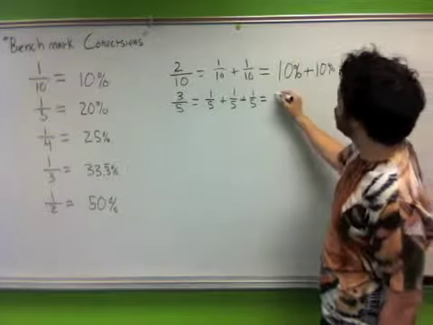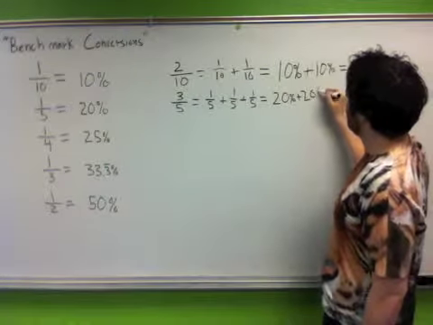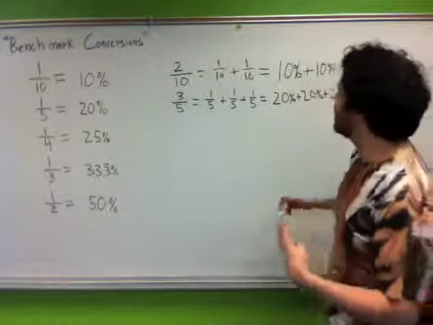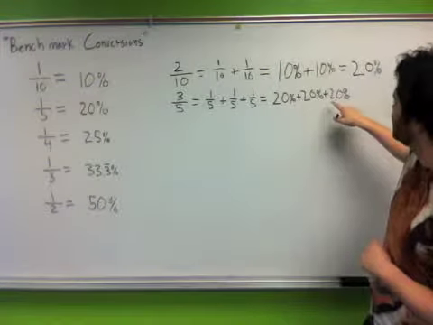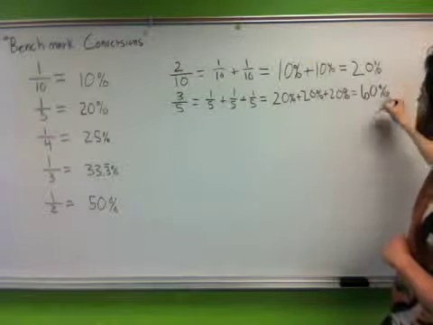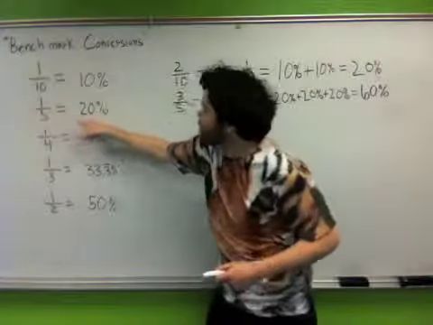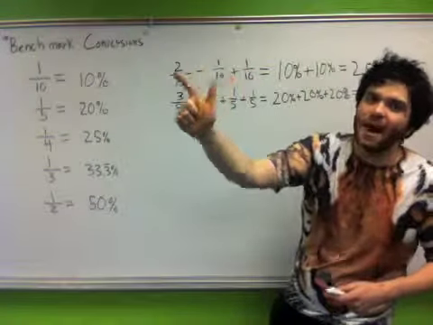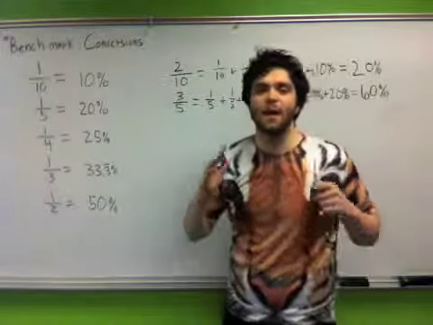That's going to get me 20% plus 20% plus 20%. And again, you guys know that percents work just like whole numbers, except you've got to have the percent sign. So 20% plus 20% plus 20% is 60%, meaning that 3/5 is equal to 60%. Why? Well, 1/5 would be 20%, and we have 3 of them. So we've got 20%, then 40%, and now 60%. I've got 3/5, I've got 60%.